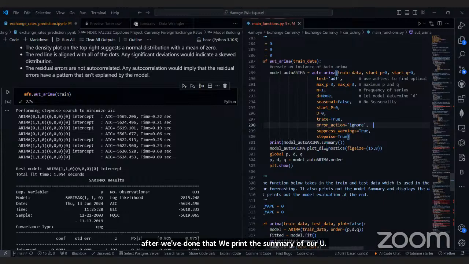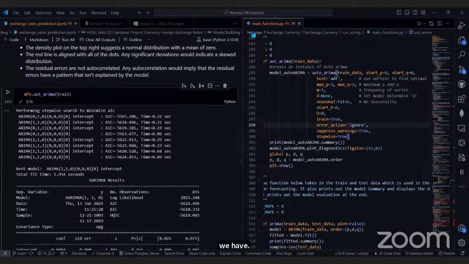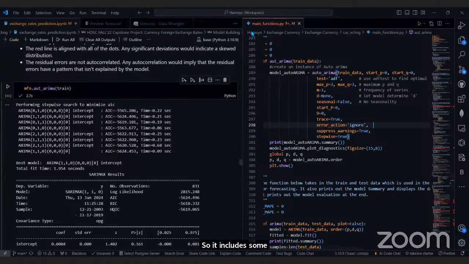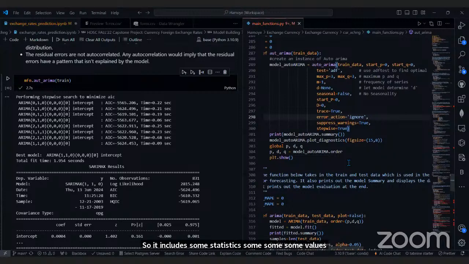So it's going to the summary of the fitted auto ARIMA, which is what we have here. It includes some statistics, some values that will actually help us in our main model. Then what we do here is unpack the PDQ to the global values, those we initially set to 0.